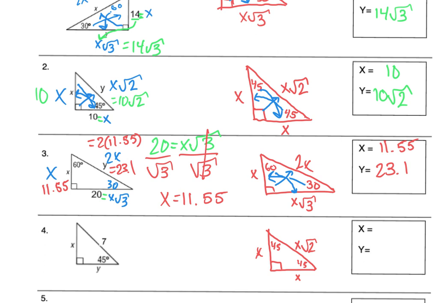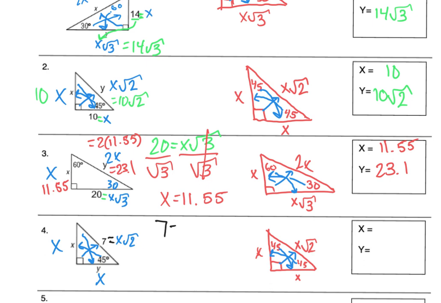So looking at number 4, across from 45 is x, and across from the other 45 is x. So across from this 45, we'll call this x. Across from 90 is x radical 2, so across from this 90, this will be x radical 2. So our equal sign will go here.